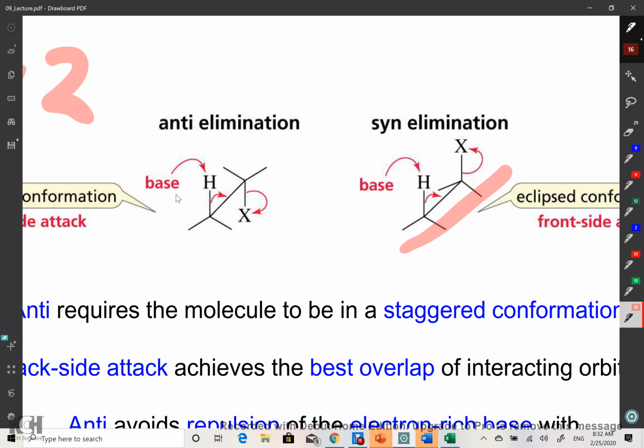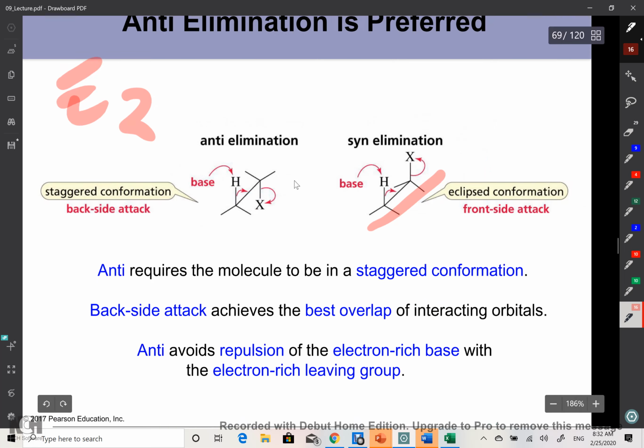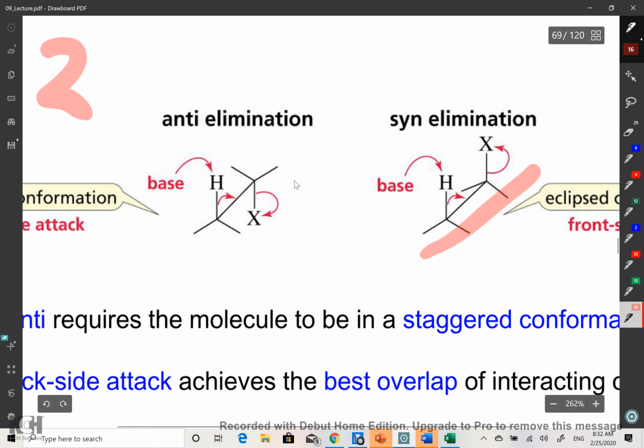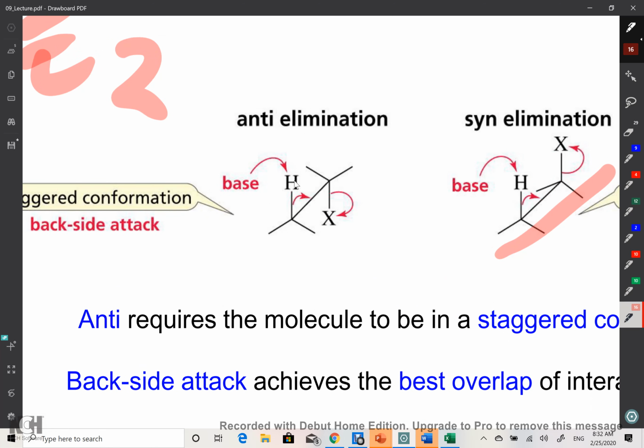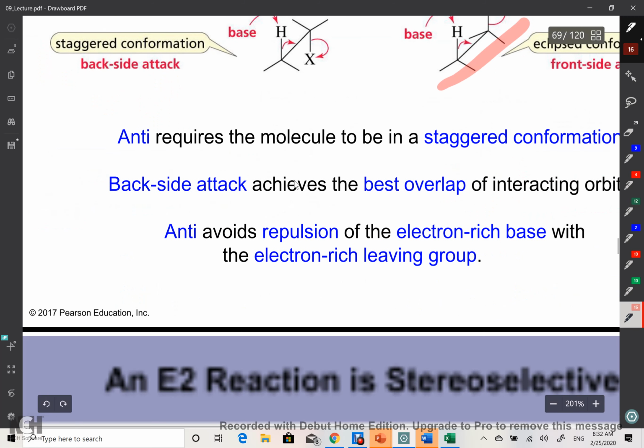A syn elimination in terms of stereochemistry will correspond to an eclipsed conformation. Does that make sense? And so that will not be favored in terms of elimination. Conformations that are staggered will be favored, 180 degrees from each other. Okay, that's what I want you guys to know.